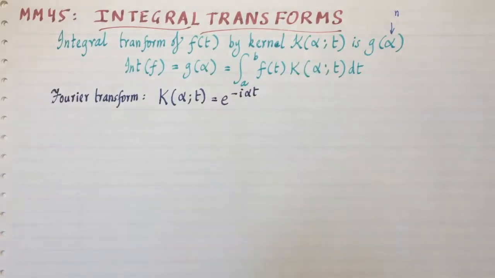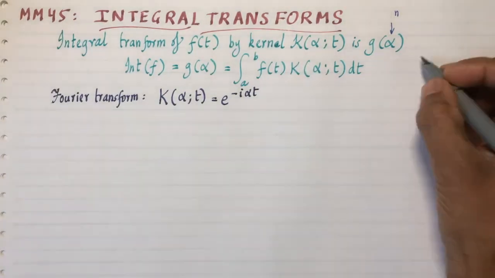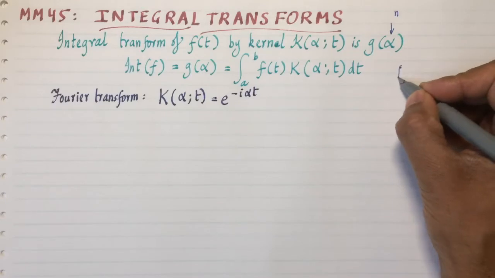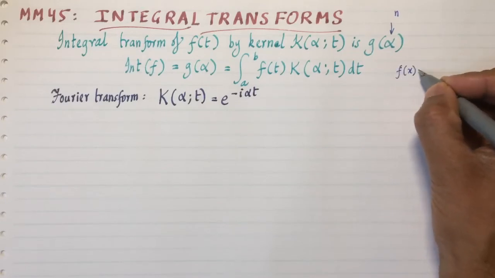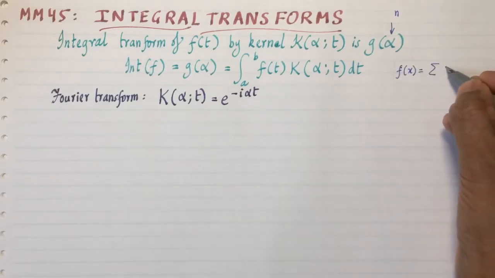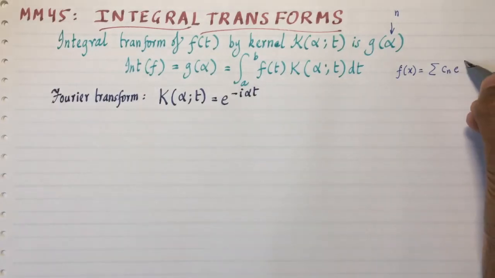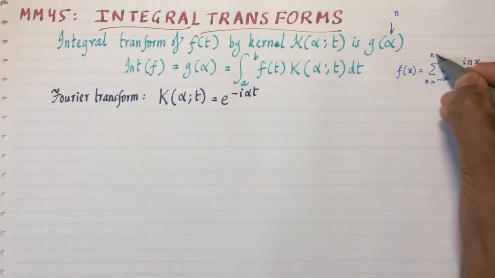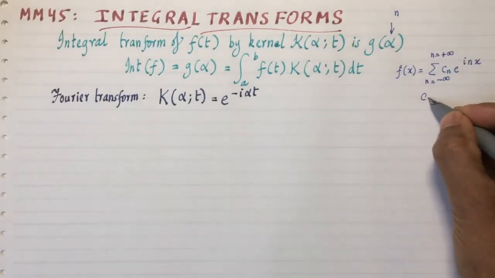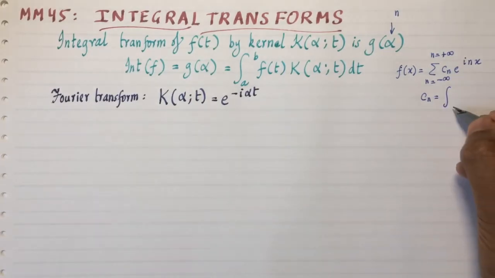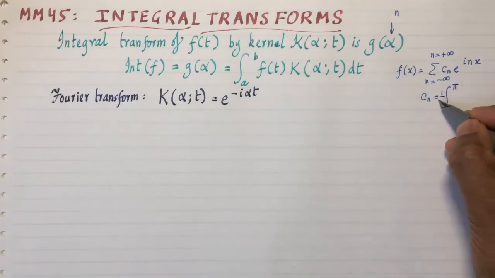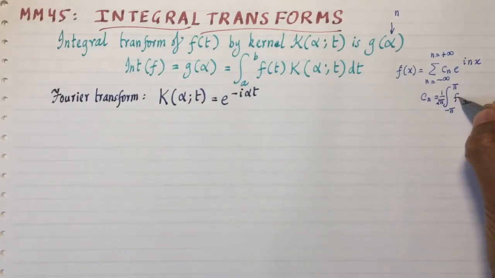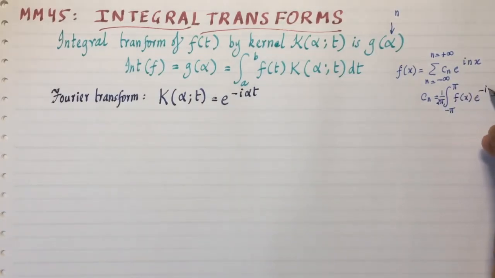This makes sense because when you look at the Fourier coefficients in the complex case, any function f of x can be written as the sum of cn e to the i nx from n equals minus infinity to plus infinity, where cn itself is the integral from whatever variables you have, like minus pi to pi, with some normalization coefficient which is 1 over 2 pi, f of x e to the minus i nx dx.